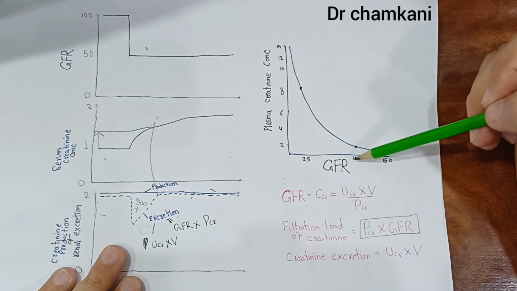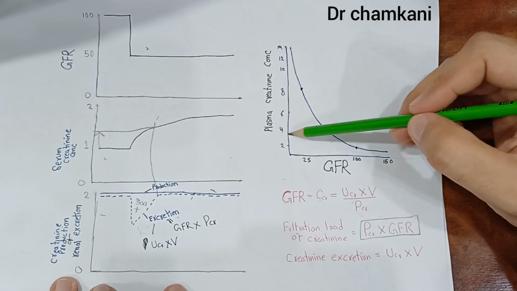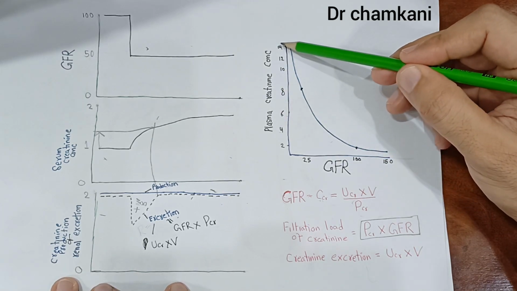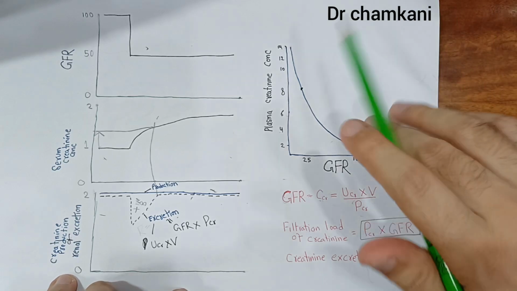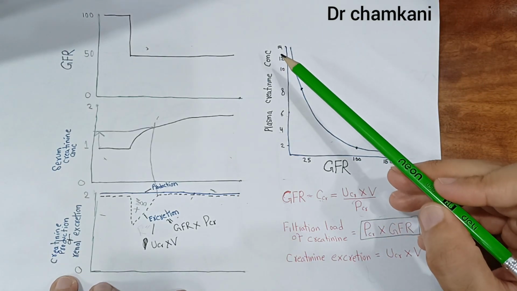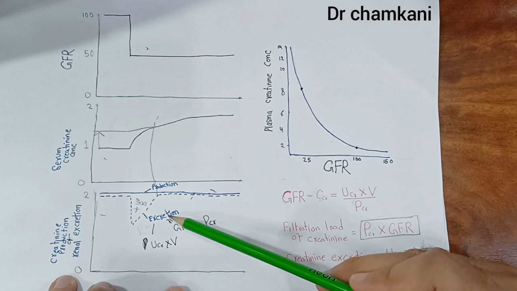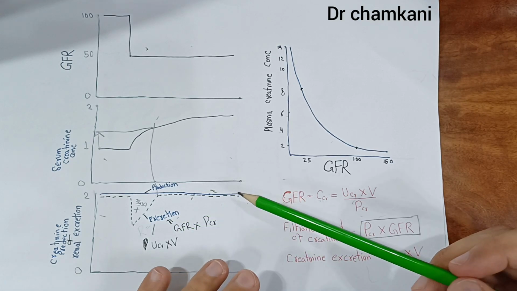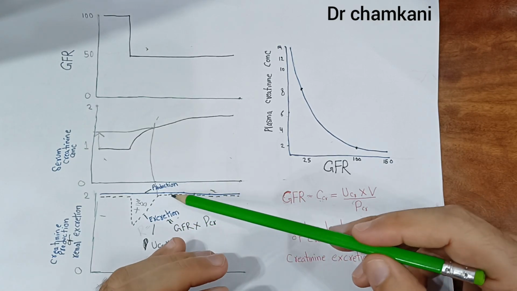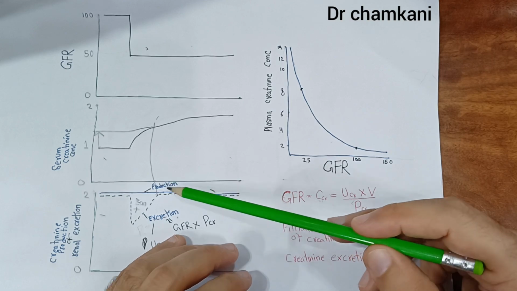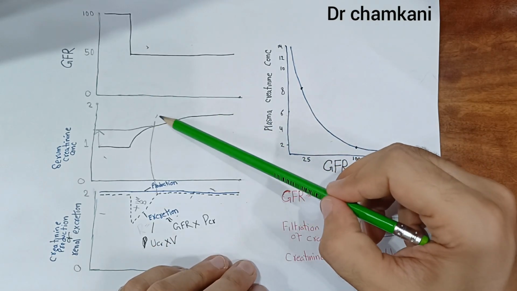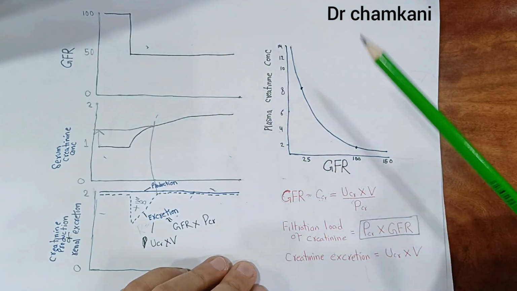When the GFR keeps on decreasing due to some diseases, the plasma creatinine concentration keeps on increasing. But this increasing concentration of creatinine makes sure that extra creatinine is removed from the body, and ultimately in a steady state the excretion equalizes the production, but at the expense of a higher level of plasma creatinine concentration.